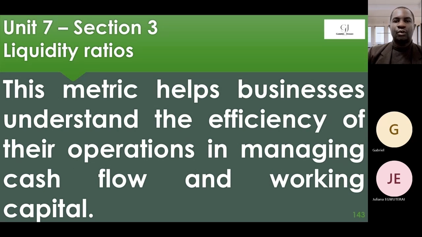It measures or helps businesses understand the efficiency of their operations in managing cash flow and working capital. This is very important. So the essence is to see how you're managing your operations day to day. And it's a key skill. You can have long-term prospects, but you can scuttle them by your inability to manage your day-to-day operations.